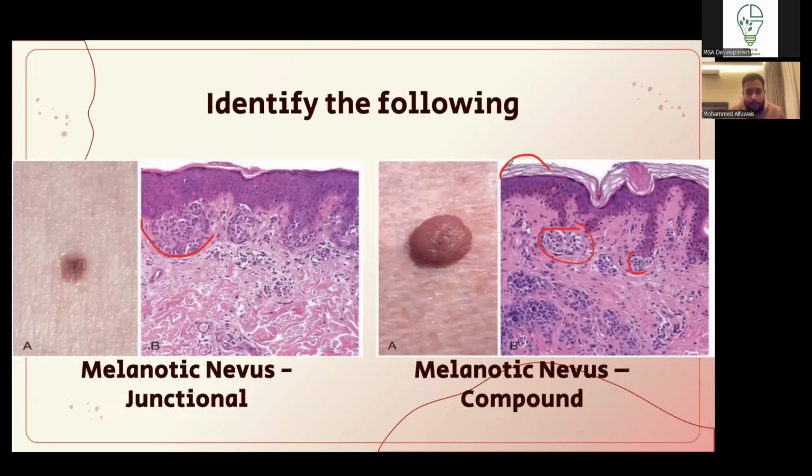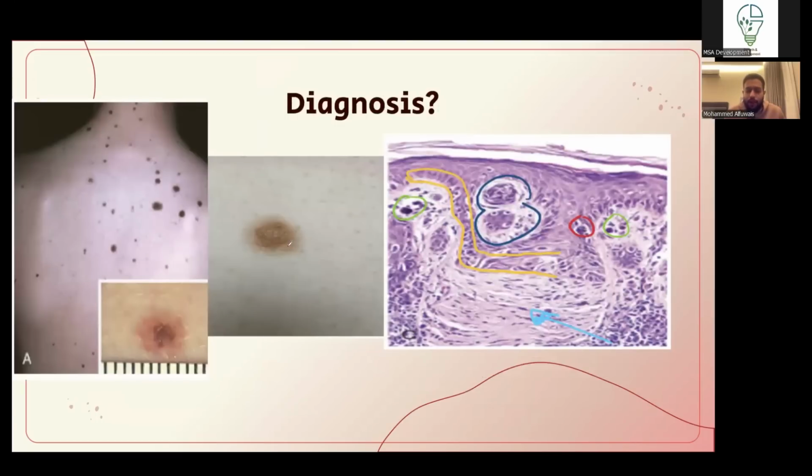Now, these nevi are not always dysplastic or neoplastic. The dysplastic ones are somewhat like this. What is this nevi called? I gave you a hint already. This is a dysplastic nevi. Okay. Now, how do you know that this is dysplastic nevi? It's from the histological features.